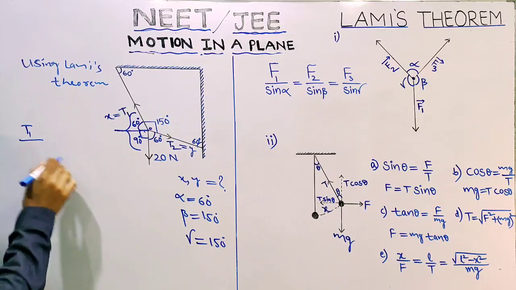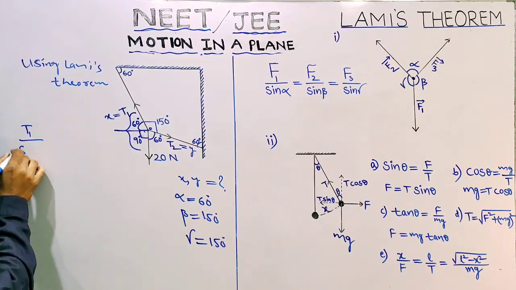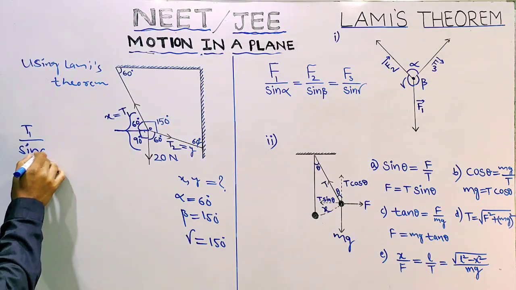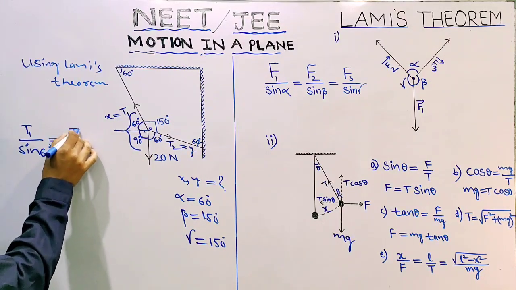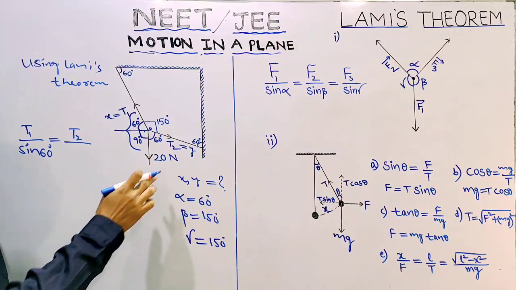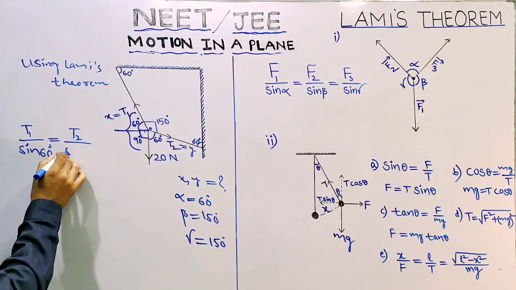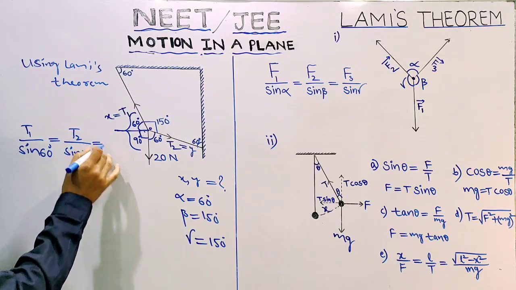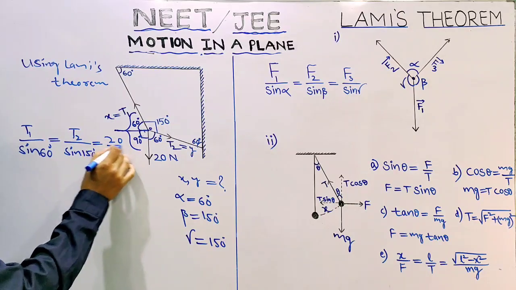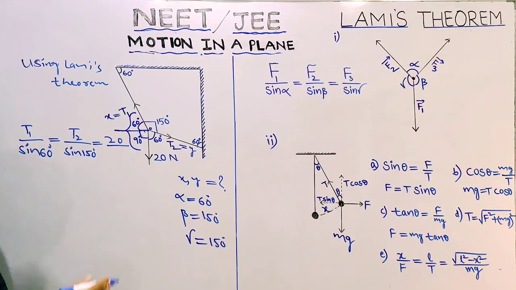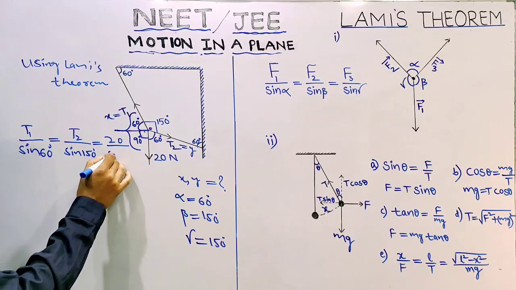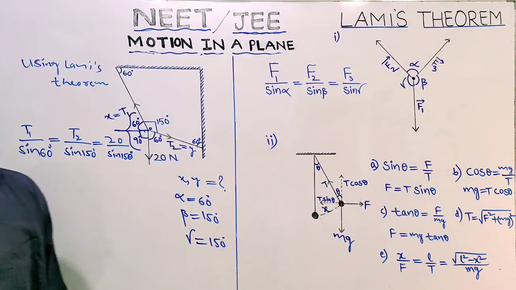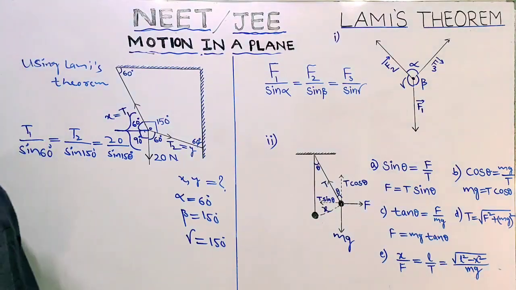T1 by sine alpha, that is T1 by sine 60 degrees, is equal to T2 by sine beta, beta is 150 degrees. And T3 is nothing but the weight given, 20 newtons, and the angle given is 150 degrees. Now equate any two.